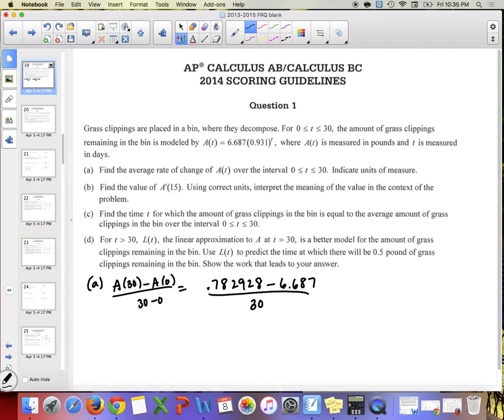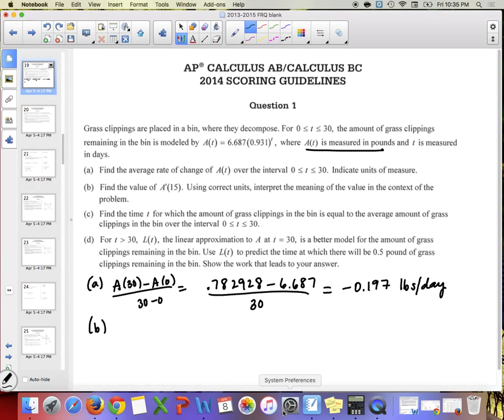And then I'm dividing by 30. Putting those into my calculator, I end up getting negative 0.197 or negative 0.196. And this is in pounds per day. Pounds was the numerator, which was A of t, and then t was in days.